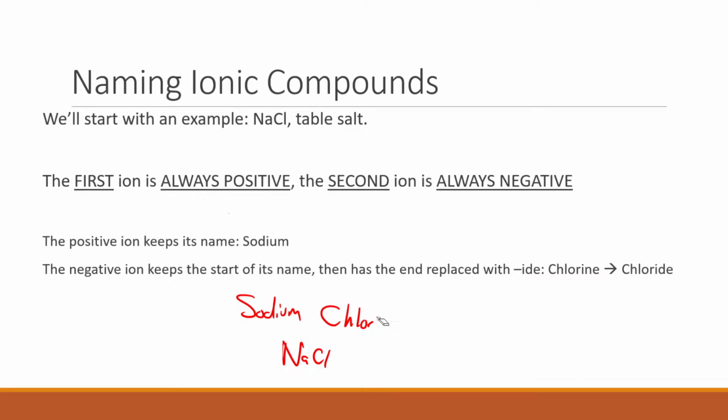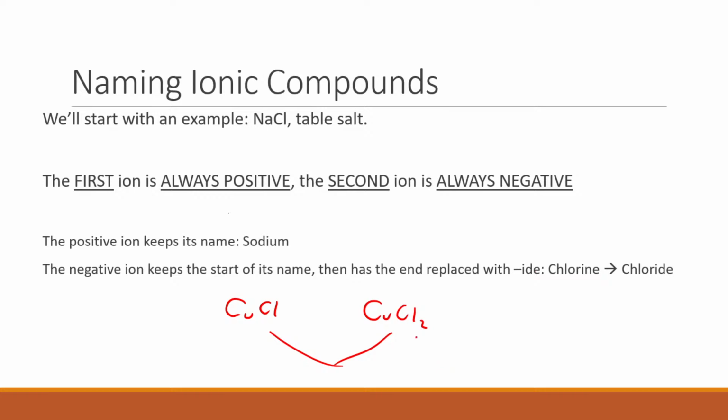But what if we have two different compounds made from the same two elements? Both of these things would have the same name under this system, even though we have two different compounds here.